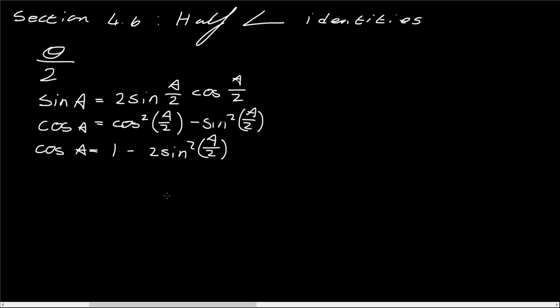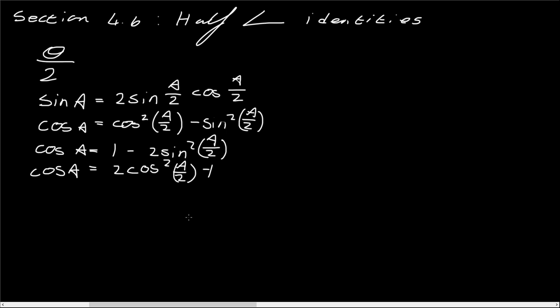It's another identity. And we've got cos A equals 2 cos squared A over 2 minus 1. I don't see them making you have to remember all of these because there's really a lot of them.